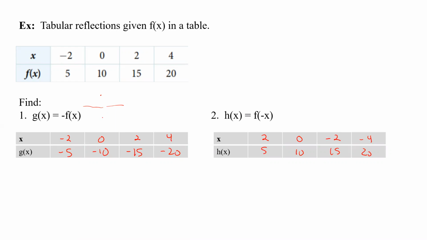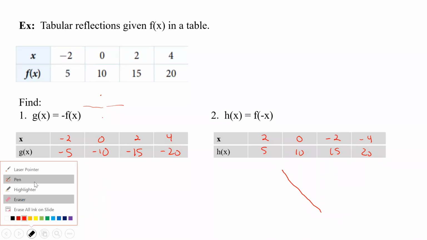And if you would plot this, I believe the right one here is a line that goes like this, and then the other one is a line that goes like this, okay? So those are going to be your reflection. Actually, that one's not correct. Let's see.